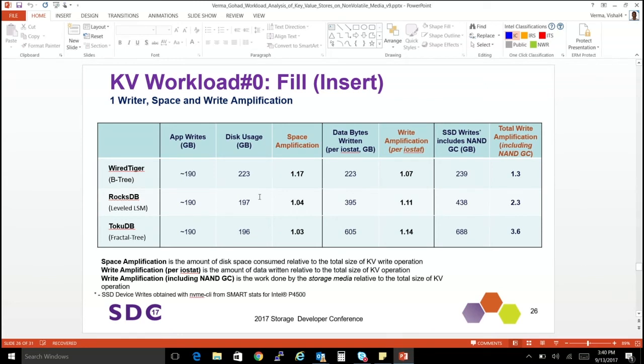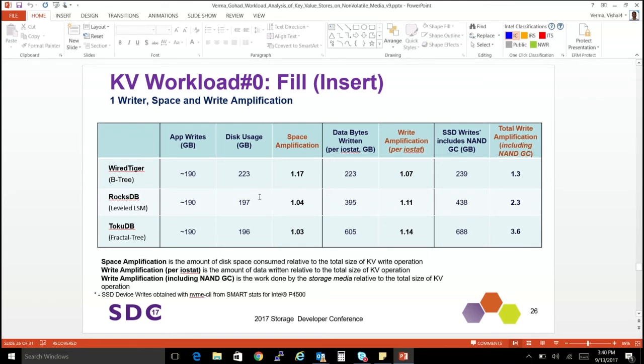And this is based on a 200 gig data set, and we didn't fill the drive to 100% capacity or 80%. Maybe in that case you would see more, how it behaves over time when your device capacity is much more filled.